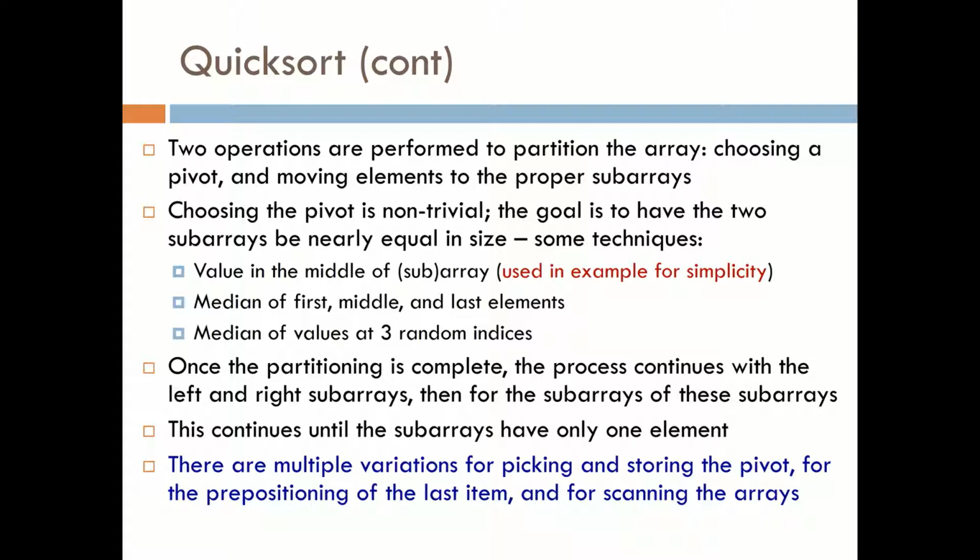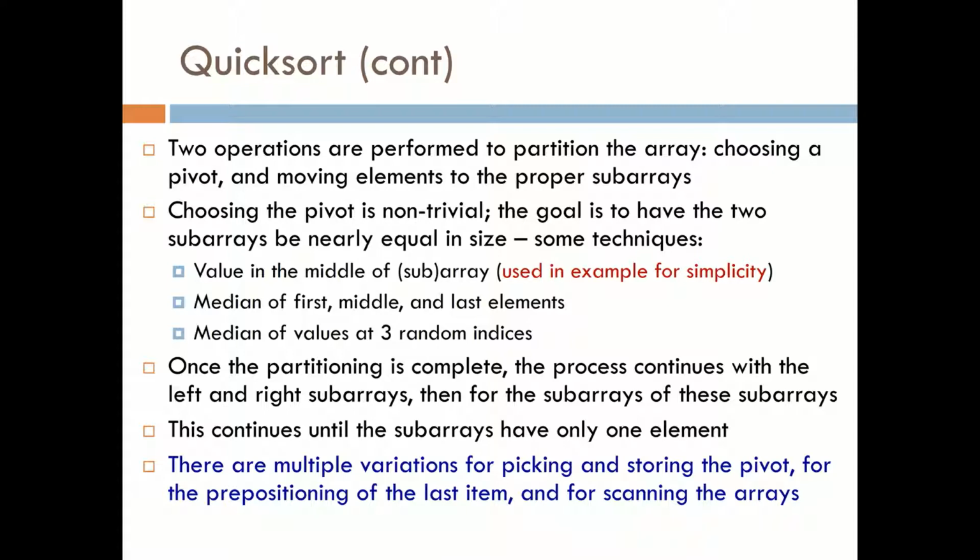So we continue the process until the subarrays are down to one element again, which by itself is sorted, and then the recursion unwinds and sorts the next sublist that needs to be sorted. I will show you some code here in a second, and then we will go over an example to clarify all of this.